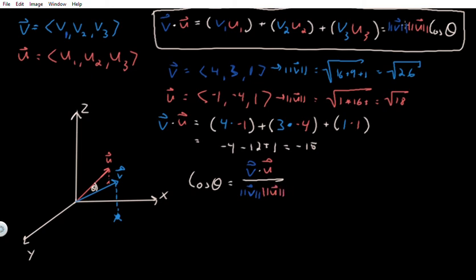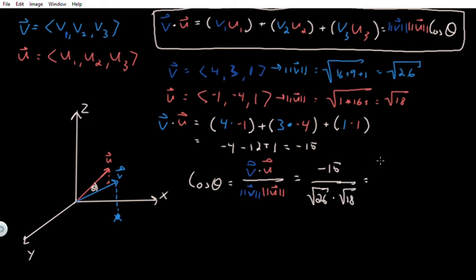See, all I did was divide this by the magnitude of v times the magnitude of u. Now I can actually do the calculation. So for our dot product, -15 divided by the magnitude of v, square root of 26, multiplied by the square root of 18.